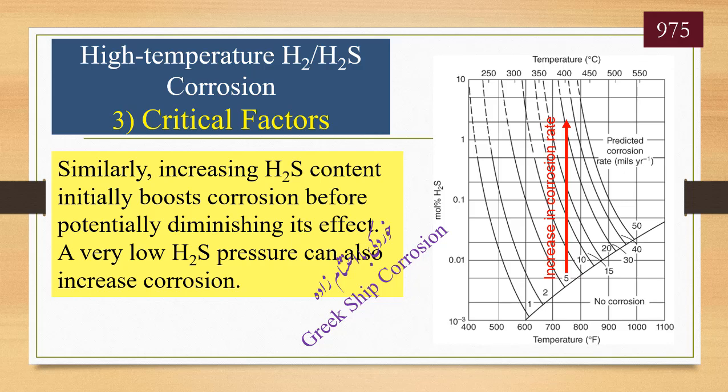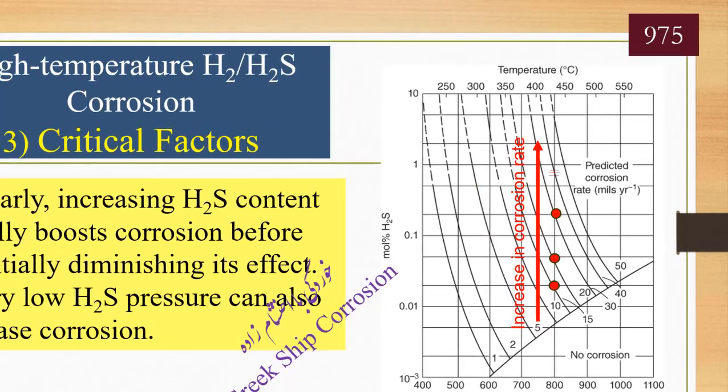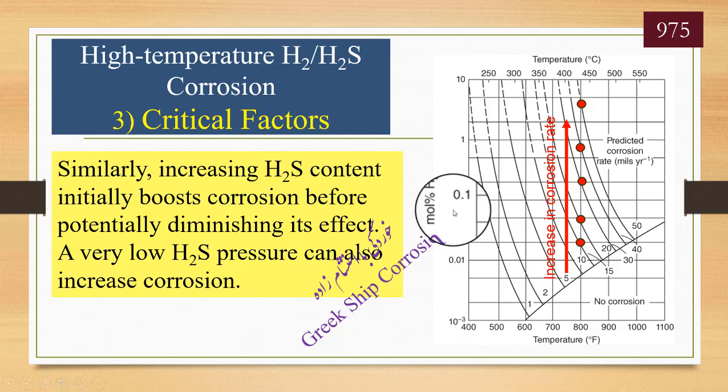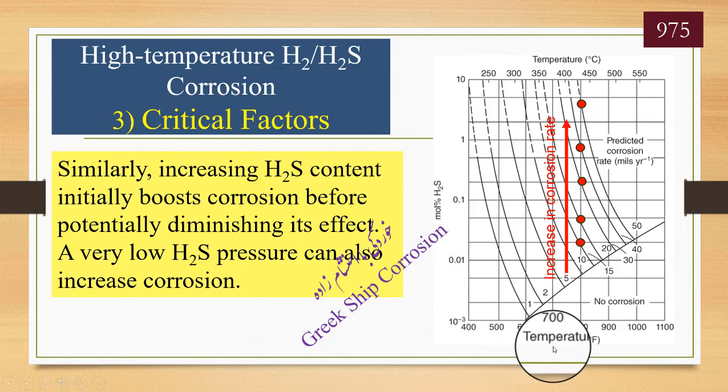A very low H2S pressure can also increase corrosion. The vertical axis is the content of H2S and the horizontal axis is temperature.